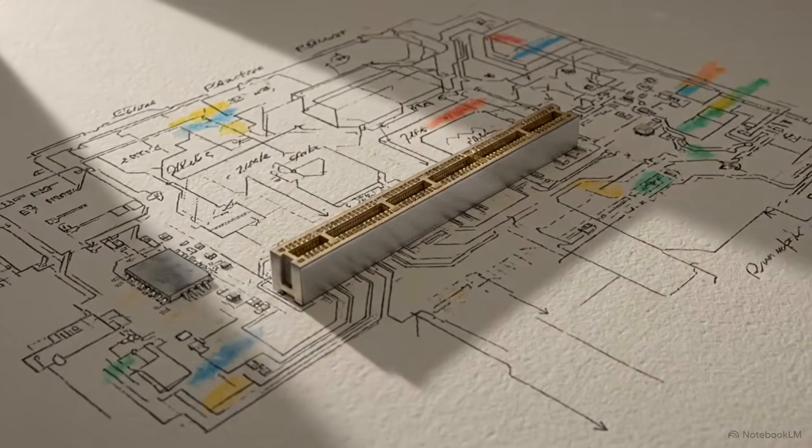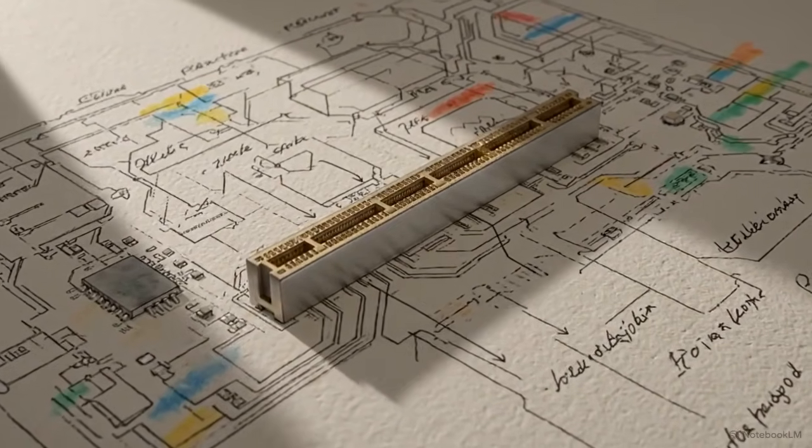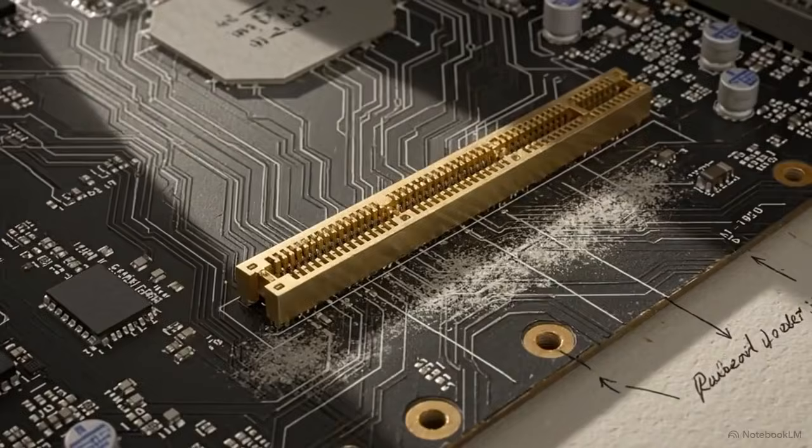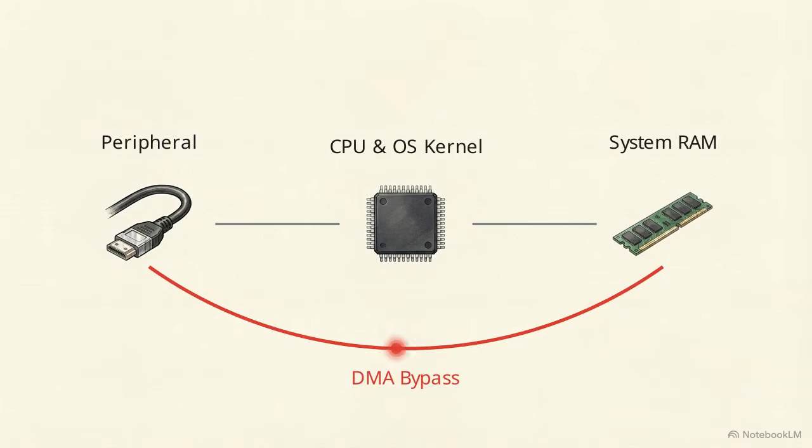While deduplication is a software behavior, the hardware architecture itself presents a different threat vector: high-speed interfaces like Thunderbolt and PCIe. Normally, peripheral data passes through the CPU and operating system kernel, which verify permissions before allowing access to system RAM. But for high throughput, direct memory access, or DMA, allows peripherals to read and write directly to RAM, bypassing CPU security checks entirely.